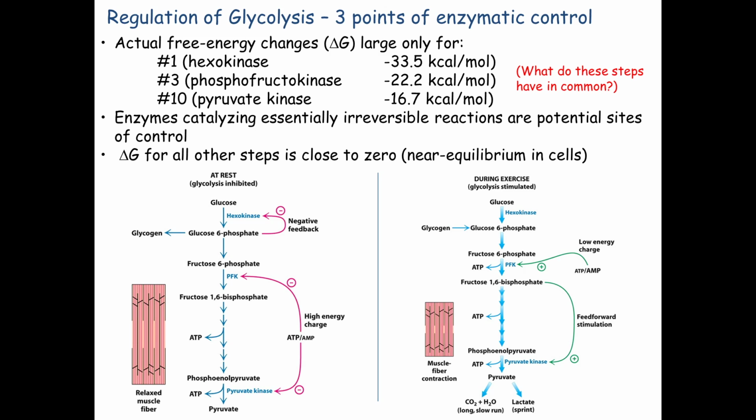So if there's not a lot of ATP around, there should be a lot of its alternate version, ADP or AMP, meaning the ATP without all the phosphates. So what these enzymes, PFK and pyruvate kinase, do is they both detect AMP in the same spot. If there's more AMP than ATP, we're clearly lacking in ATP.